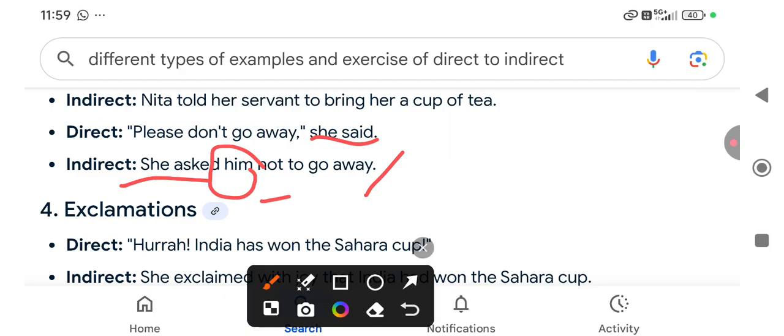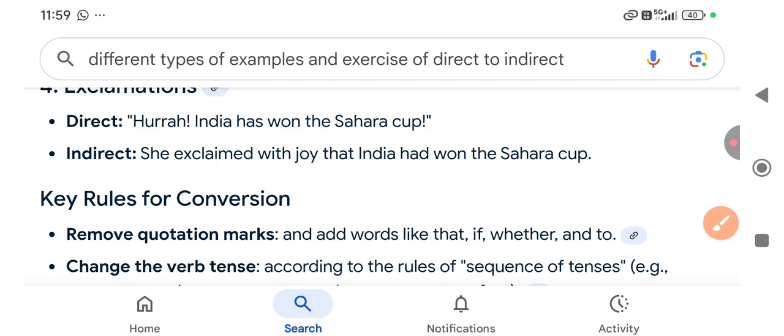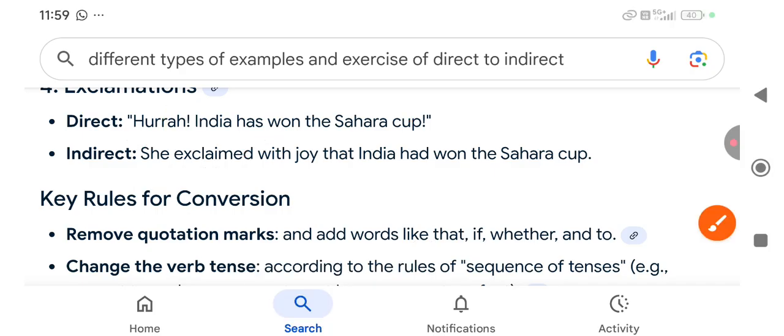Okay. Now, next, exclamation. "Hurrah! India won the Sahara Cup." Okay. So now she exclaimed, not she said. She exclaimed, because of this sign you just have to use exclaimed, because the exclamatory sign is used for surprise, strong feelings.